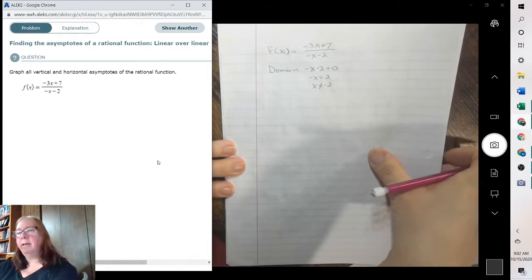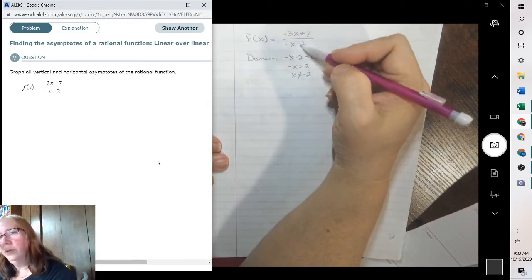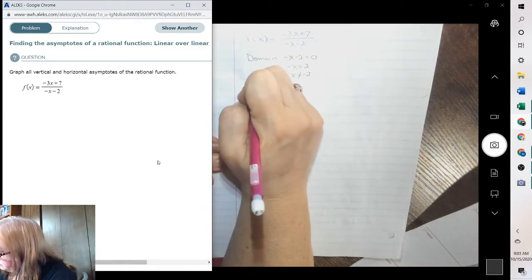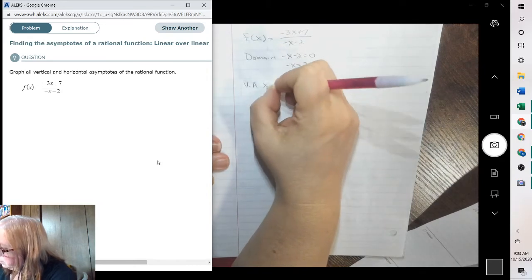So the domain is x cannot equal -2. This function will not reduce, so that is a vertical asymptote.